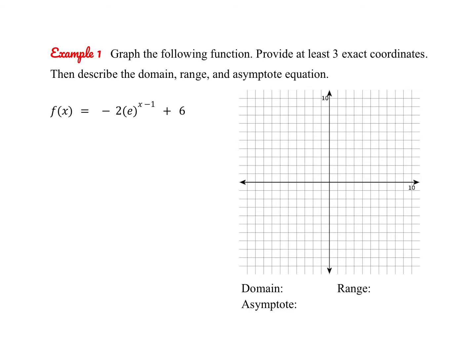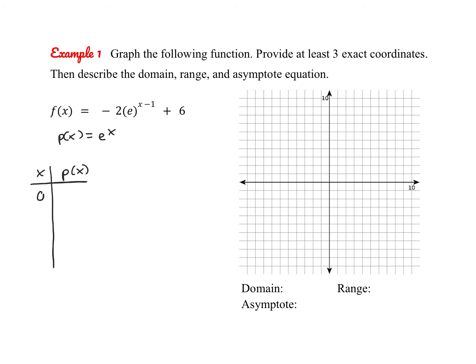Okay, so let's give this first one a try. So again, our parent function is just e to the power of x. So we could plot a few coordinates from our parent function.